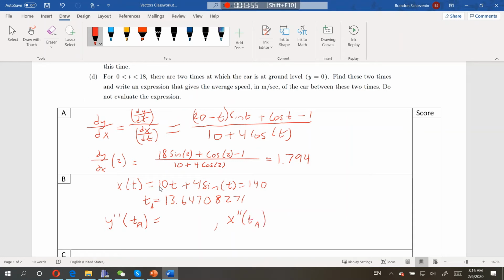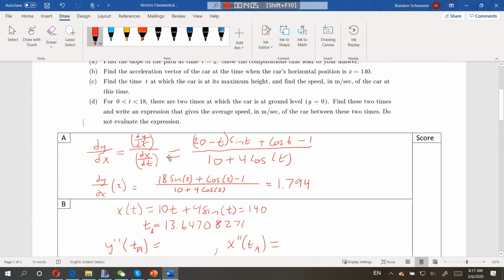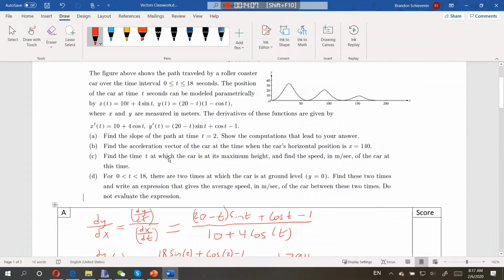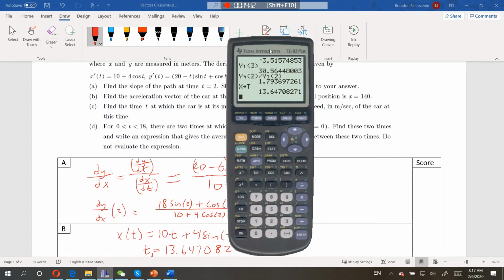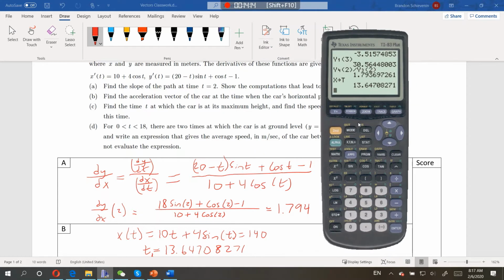And then what do I have to do to them? We just plug in the numbers. We derive it, derive it, plug in the numbers. So here's y3 is x prime, y4 is y prime.